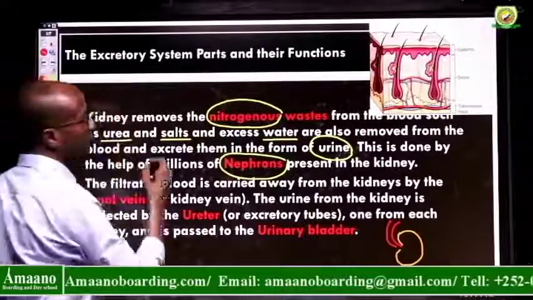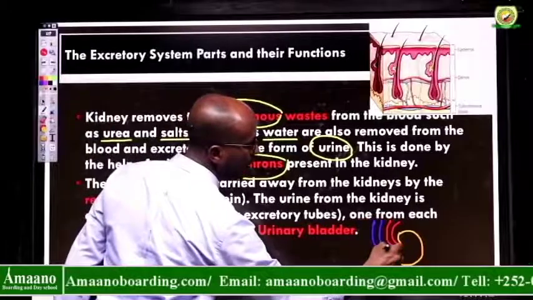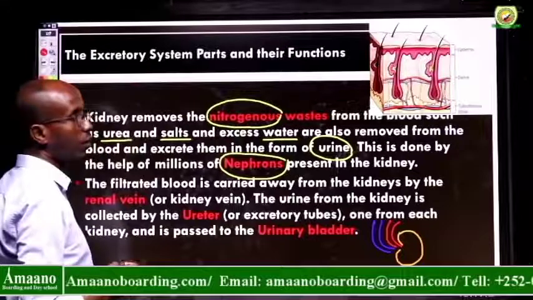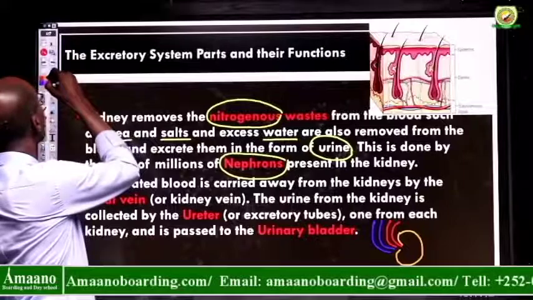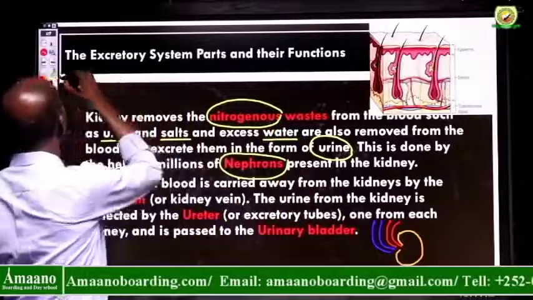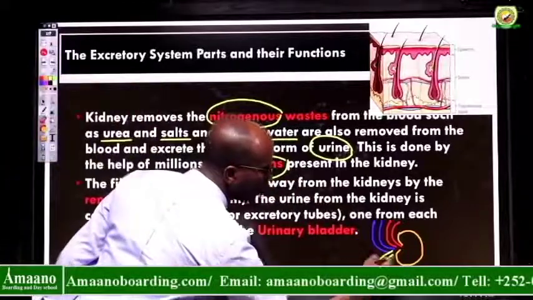It also has another blood vessel which carries blood away from it, called the renal vein, and another structure called the ureter.